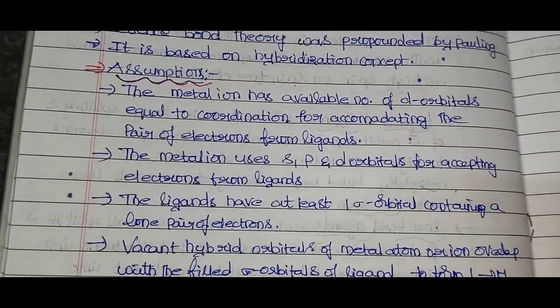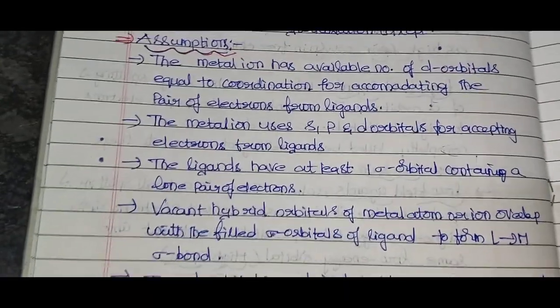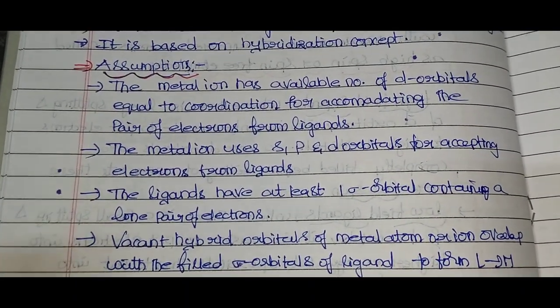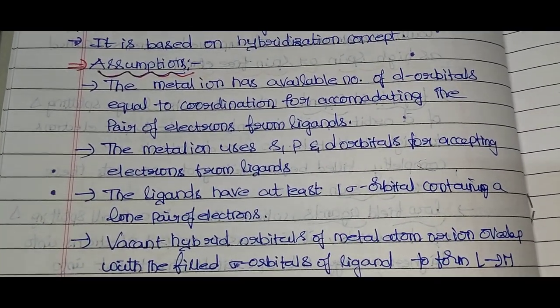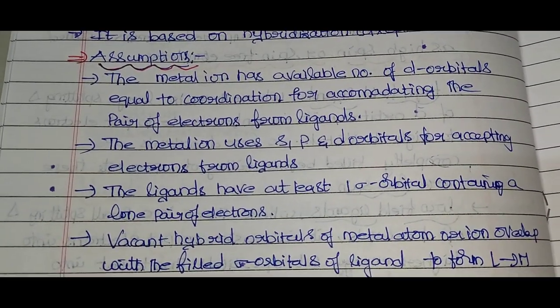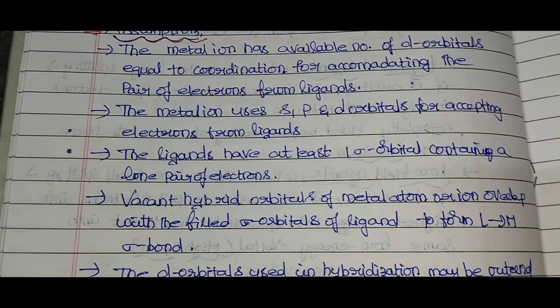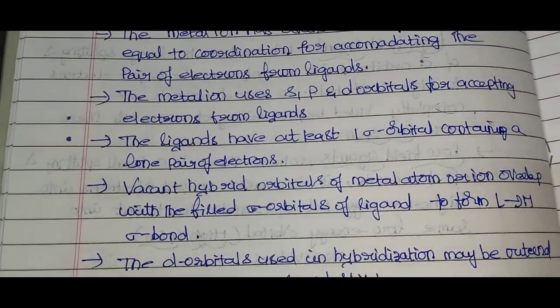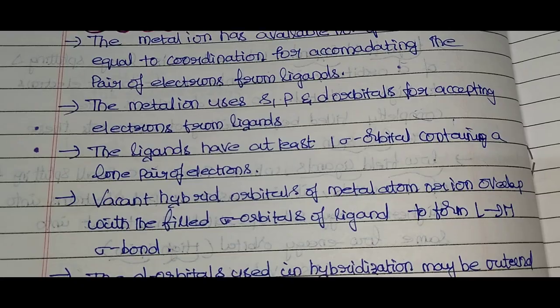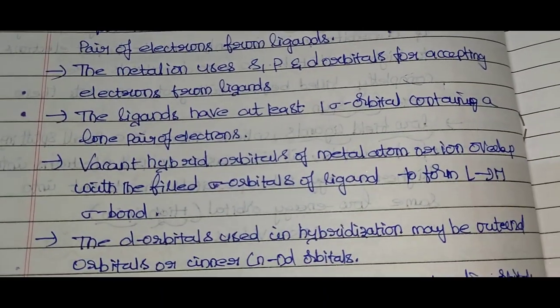With the examples we will understand all these assumptions. The metal ion will use s, p and d orbitals for accommodating the electrons taken from ligands. Ligands contain at least one sigma orbital containing one lone pair of electrons.